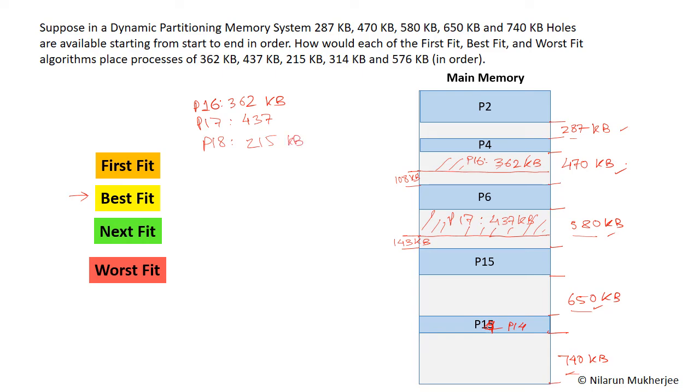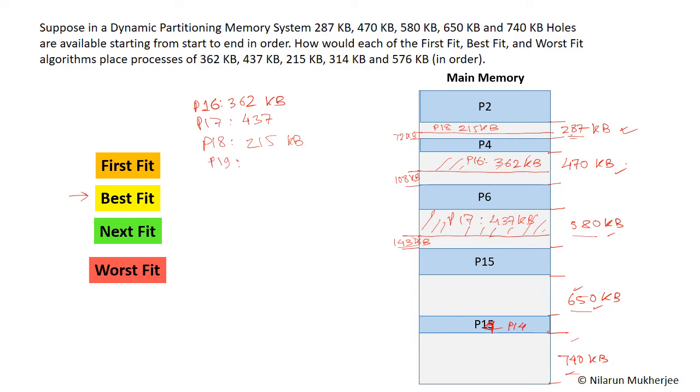Then P18 will come, which is 215 kb. For that, it will find there is a 287 kb hole where I can fit. Here I cannot fit, here I cannot fit, here I can fit, here I can fit, but the best adequate hole is this one.